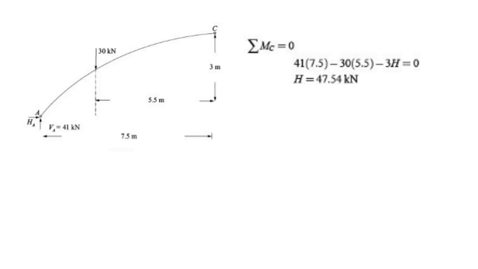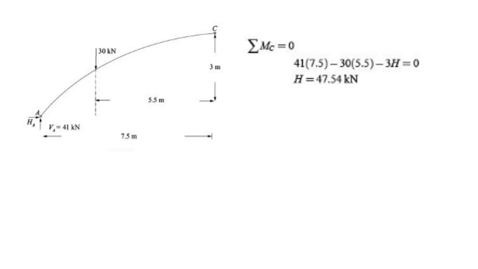You can consider, as I told, the right portion also. 41 into 7.5 minus 30 into 5.5 minus H is also producing the moment, remember, minus 3 into H is equal to 0, H is equal to 47.54.